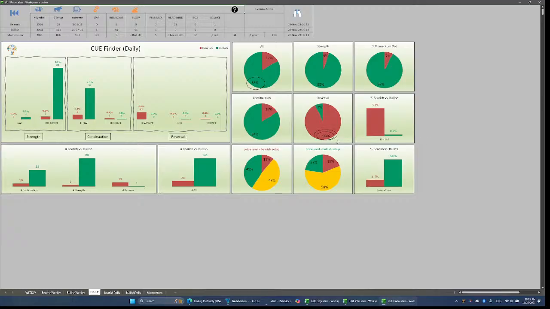Though reversals are more bearish than bullish, the actual number of bearish setups is much less than bullish setups, so we have to take that into account also. It is a very bullish market, but reversals are starting to appear.